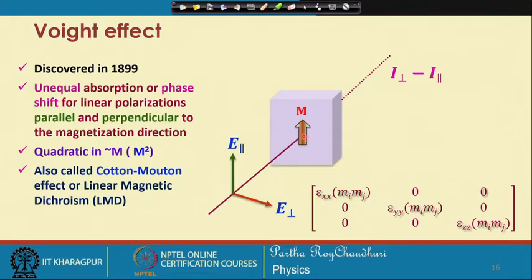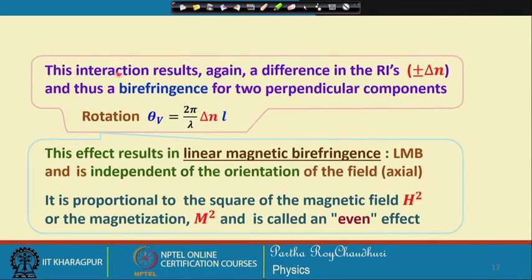So, in that case the difference of the intensity due to the perpendicular polarization and parallel polarization will be the effective intensity available when the light beam is exiting from the medium of interaction. This interaction results again in a difference of the refractive indices, that is plus minus delta n.